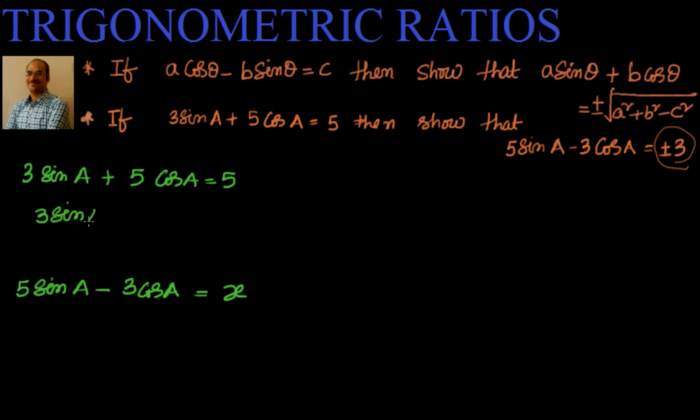Let me just first square this. So 3 sin A plus 5 cos A whole square equal to 25.